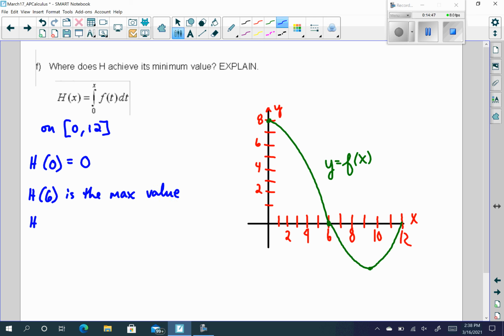And we know h of 12 is positive. So it's not going to go below, because if h of 6 is the max value, we're not taking enough away to dip below a positive number. Therefore, we have our smallest value: h of x is at a minimum at x equals 0.